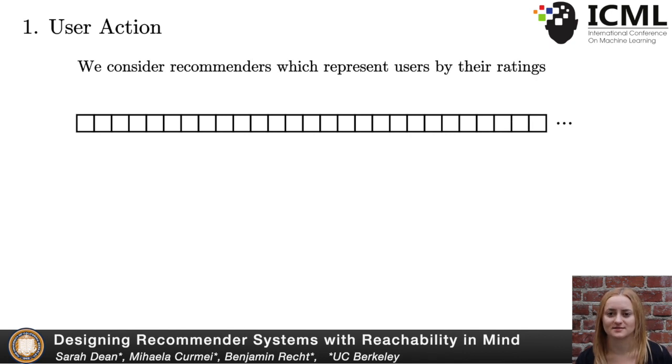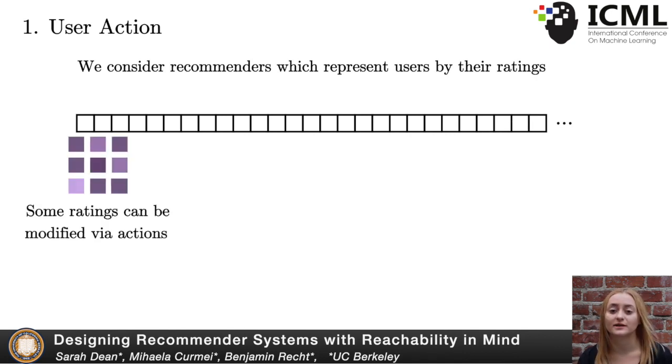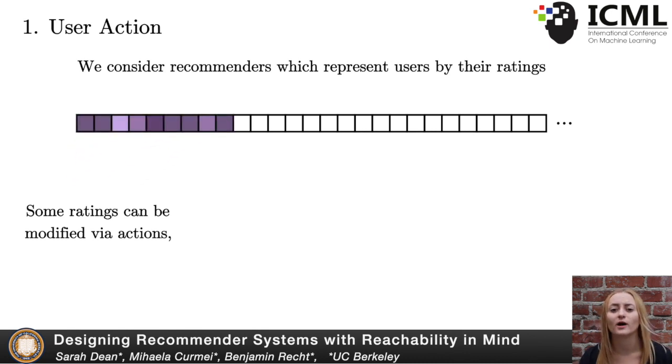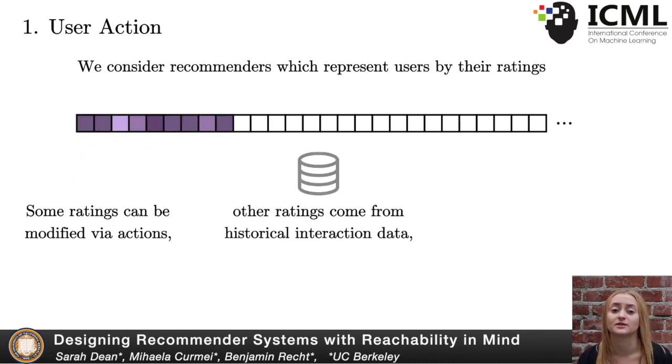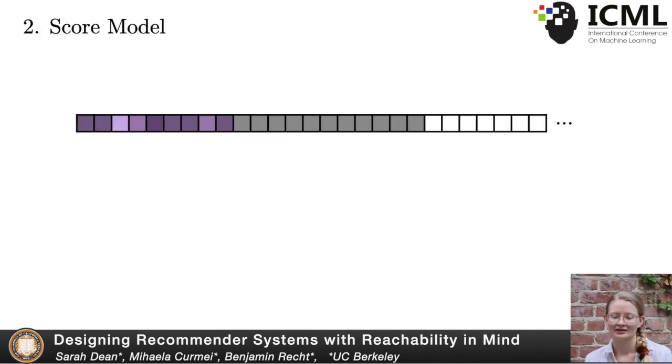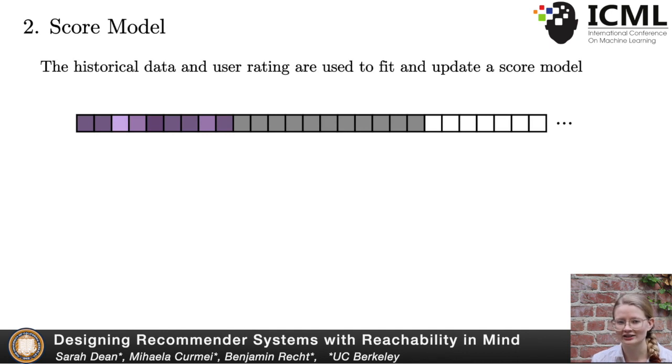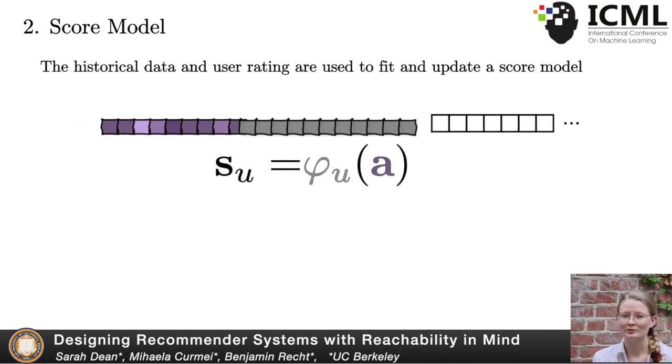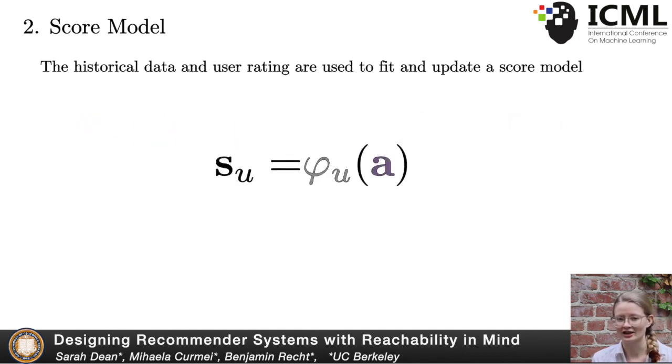Within a recommender system, users are represented by their ratings. Some of the ratings can be modified by actions, while others are specified by historical data. The action space is thus determined by the ratings which are mutable. The rating data is used to fit and update a score model, which we parameterize in terms of the user actions.